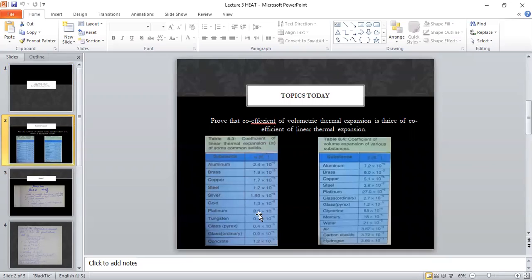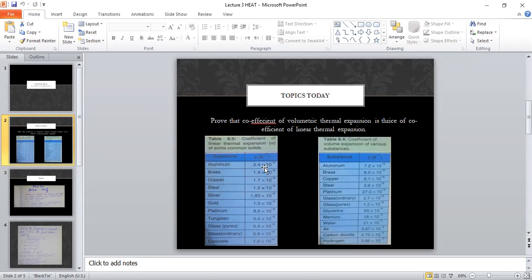And we can clearly see that the coefficient of volumetric thermal expansion is thrice of this alpha, right?